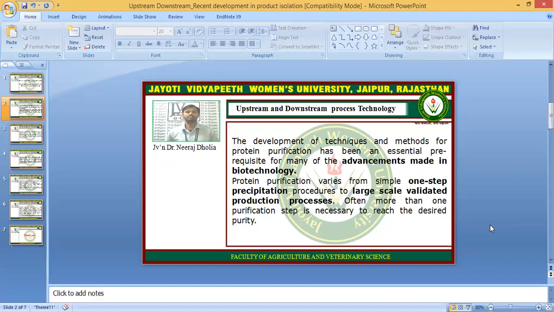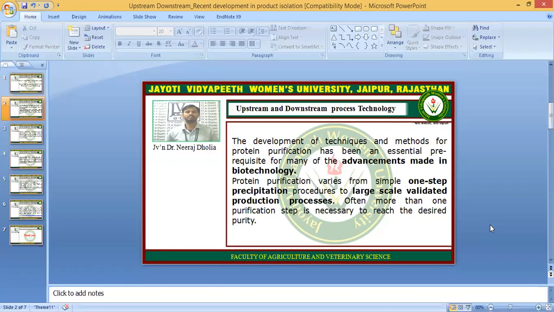Those often have more than one purification step, which is necessary to reach the desired purity. So if purity is not a concern, you can use the one-step precipitation process. But if purity is required in the purification step, then you need more complex and validated procedures.